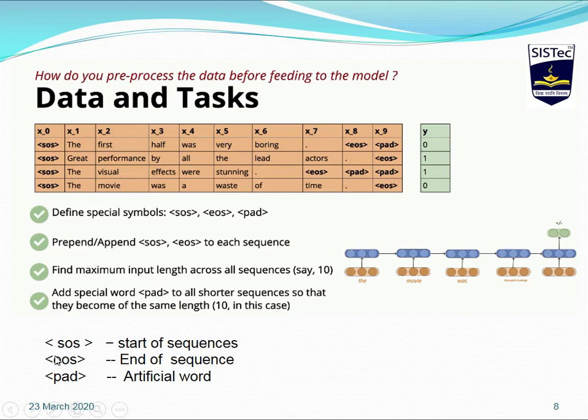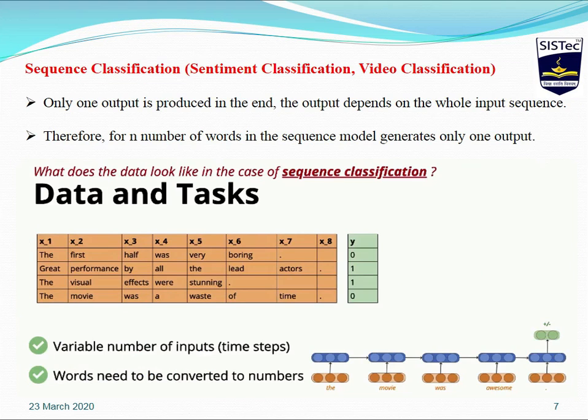SOS is added to each sentence at the start. SOS shows the model that your sentence is about to start, and EOS, end of sentence, is added to each sentence just after the full stop, after the completion of the sentence. First we need to count the maximum length of the sentence.